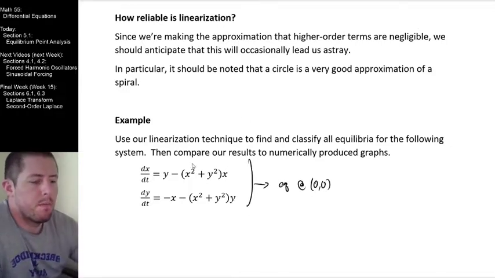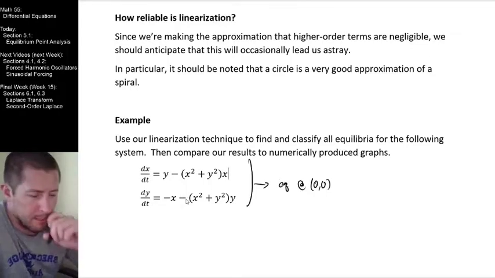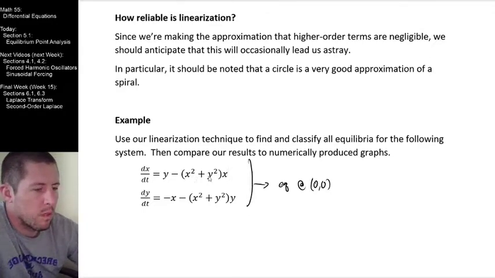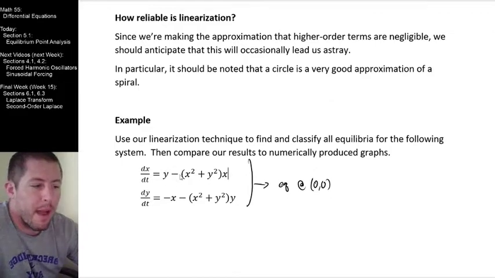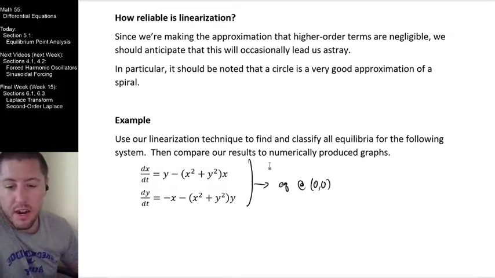Right, if x is 0, then y has to be 0. And if y is 0, then x has to be 0 right here. I'm trying to argue for myself that maybe like 1, 1 could work or something like that. And it's because of the wrong signs on these that things like 1, 1 won't work, because 1, 1 would actually work for dx dt. This is going to be 1 minus, oh no, 1 minus 2, so that's not working out right there. We're going to get just an equilibria for this guy only at the origin right here.